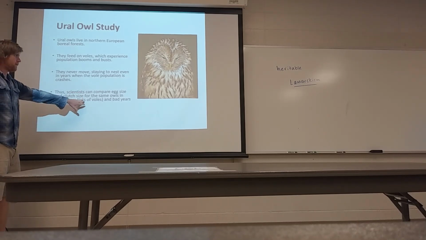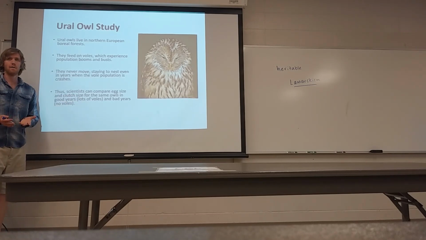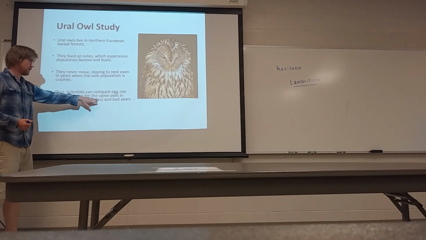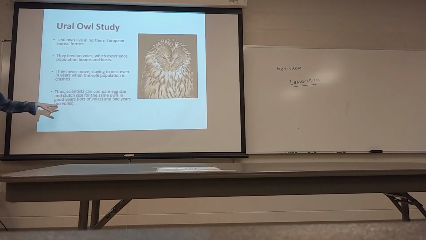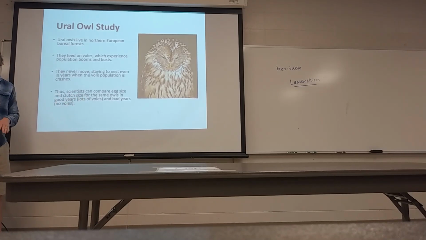So, if the owls produce the same clutch size, let's say they produce a clutch of 5 eggs, if they produce 5 eggs during good years and bad years in terms of food availability, then that means that egg size or clutch size is not influenced much by the environment, but is actually genetically coded. So if it's the same number of eggs produced in good years and bad years, then it's genetically linked.